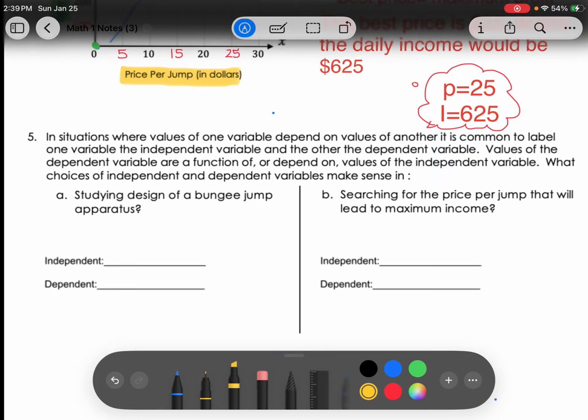So in this situation, we're able to identify the dependent and independent variables using our information that we know.